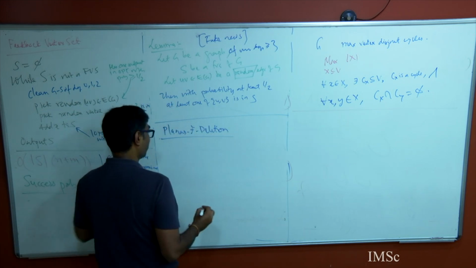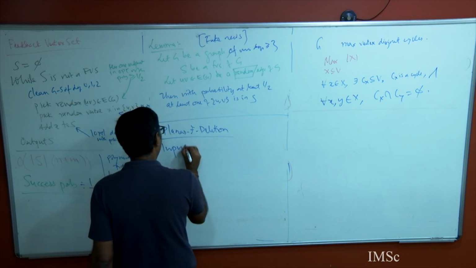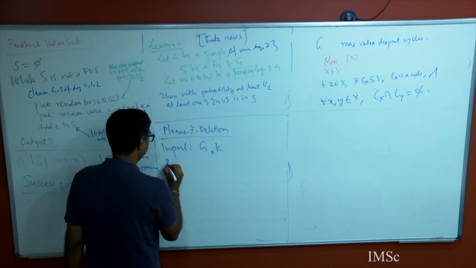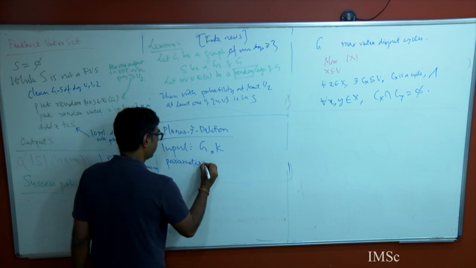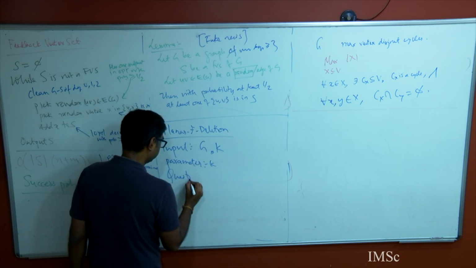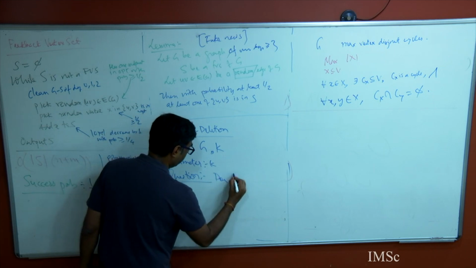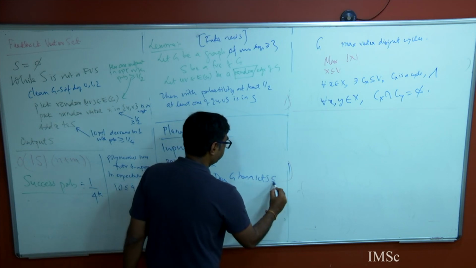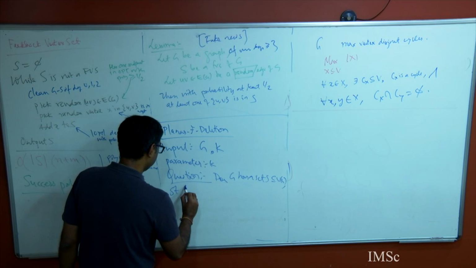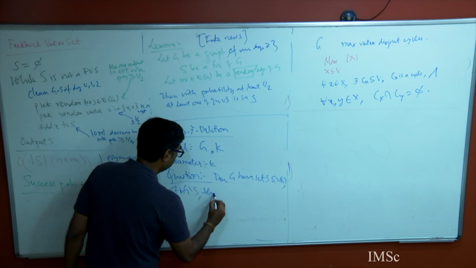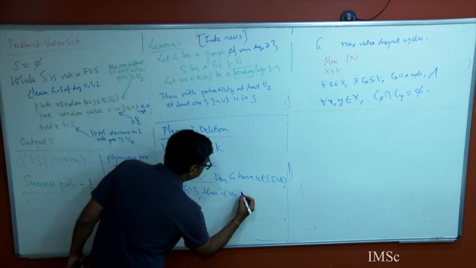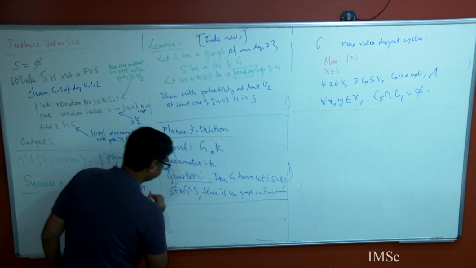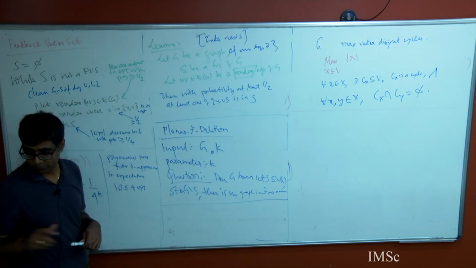The reason why I bring it now is that we have input G, k, and your parameter is k, and the question is, does G have a set S subset of V(G) such that in G minus S there is no graph in F as a minor?